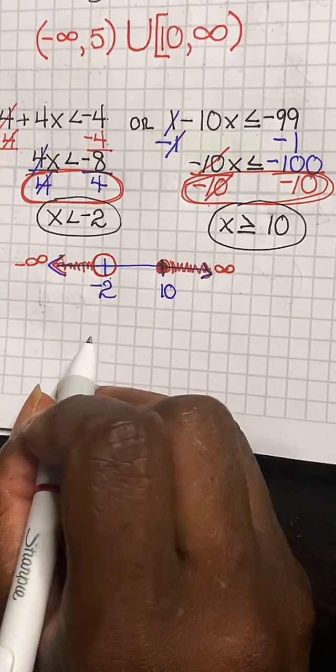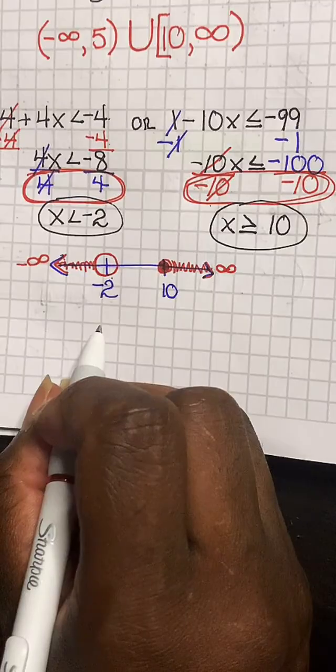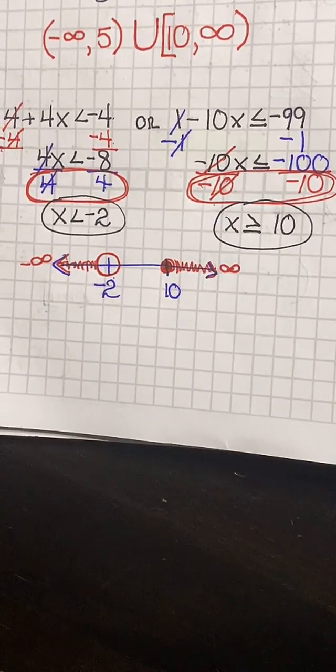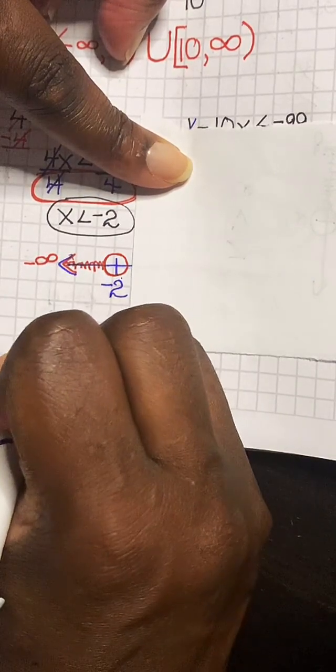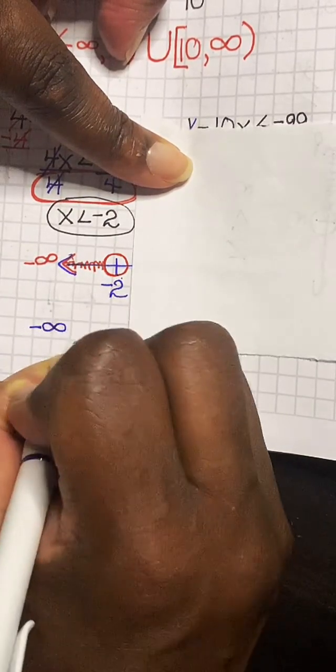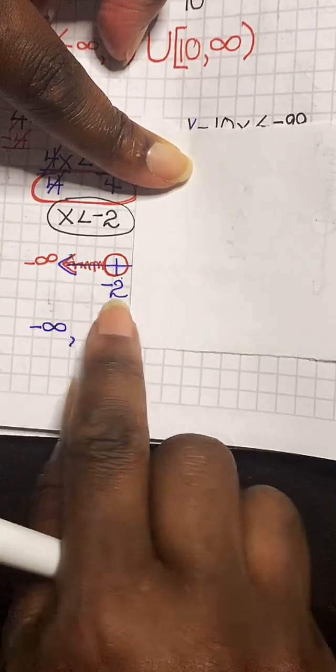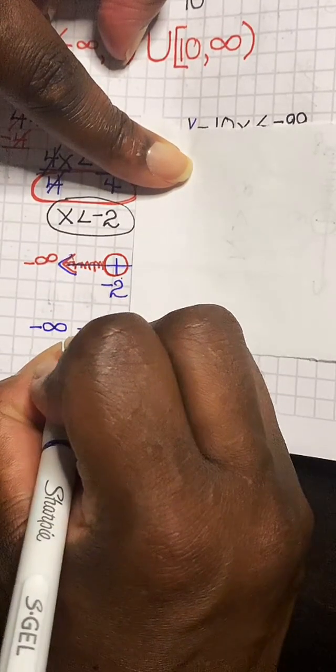Now, if I want to put this in interval notation, remember, we're taking it step by step. So this one, I write my smallest. So my smallest number is -infinity. In this interval, my largest number is a -2.